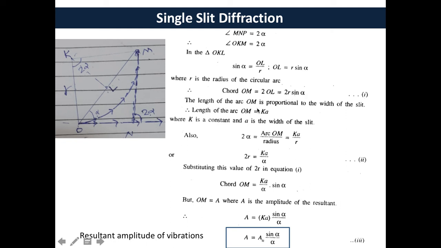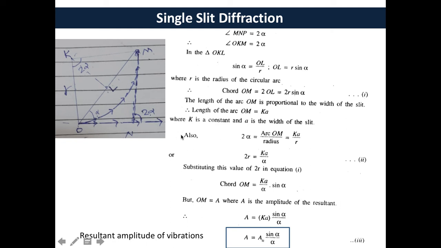The length of the arc OM is proportional to the width of the slit. That's why the length of the arc OM is equal to Ka, where a is the width of the slit, K is some constant.